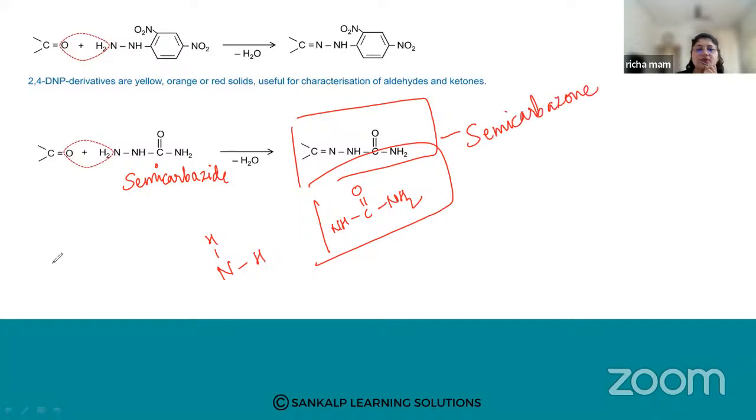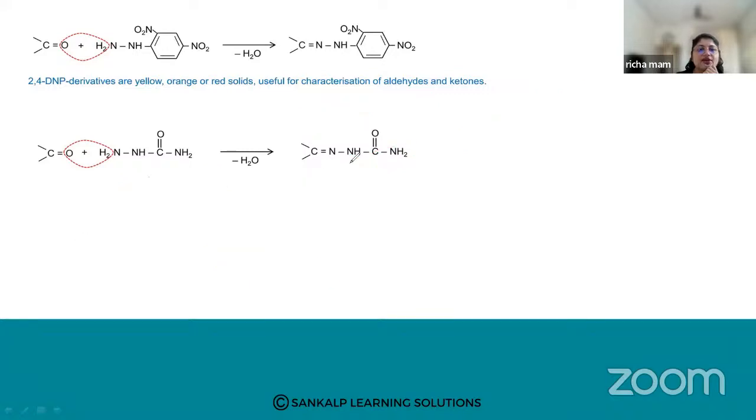So the obtained product is semicarbazone. Fine. These are the products which are obtained.